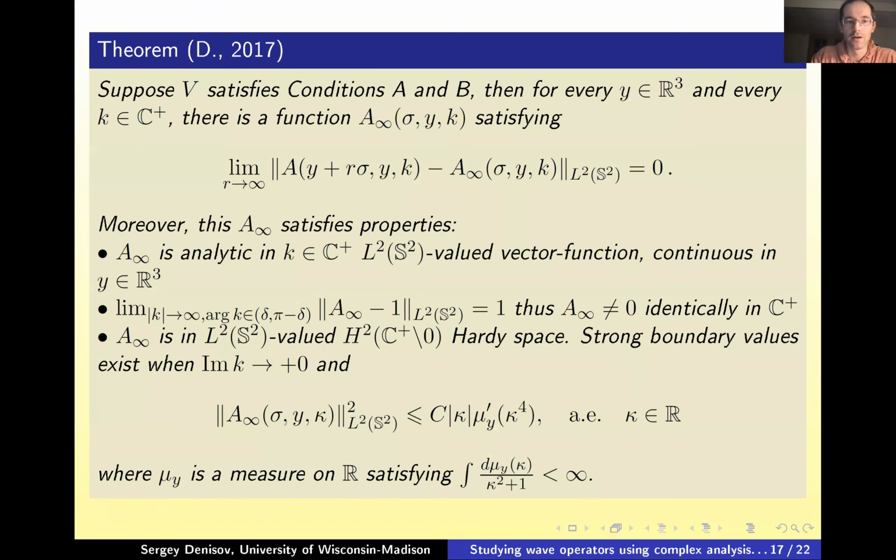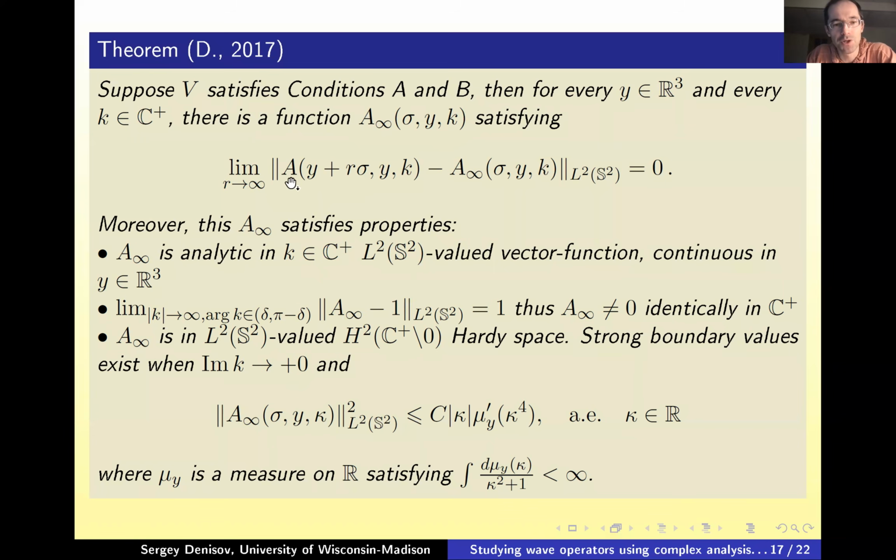And so the key theorem which allows us to prove the existence of wave operators is the following: under conditions A and B, and fixing every point Y, one can say that there is some limiting function right here.